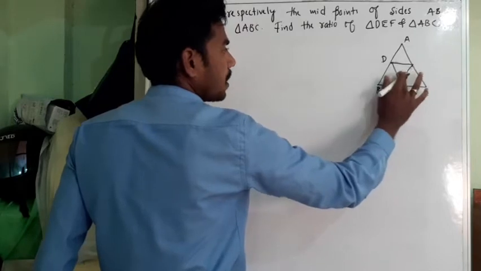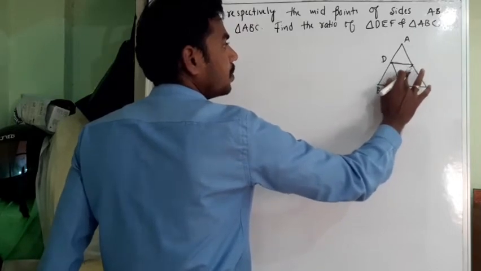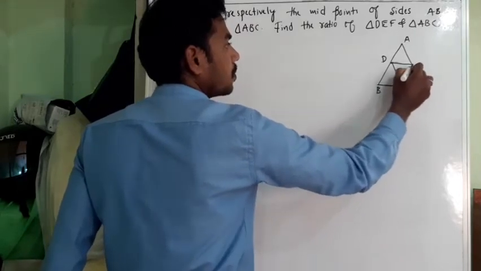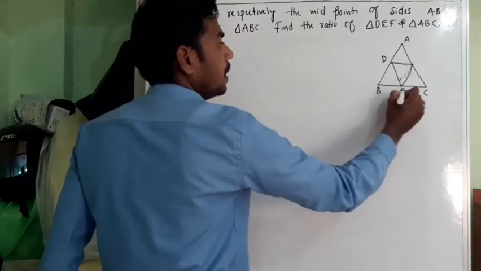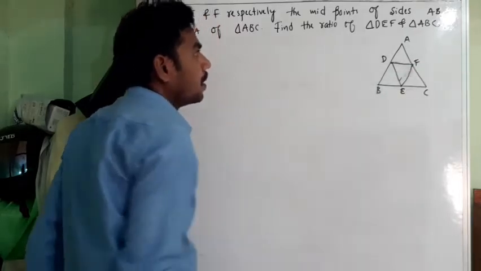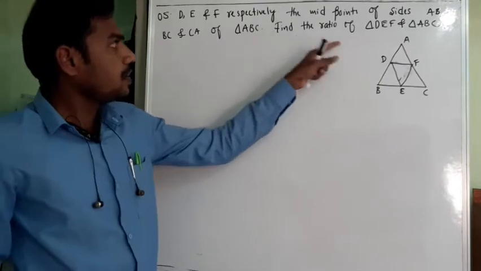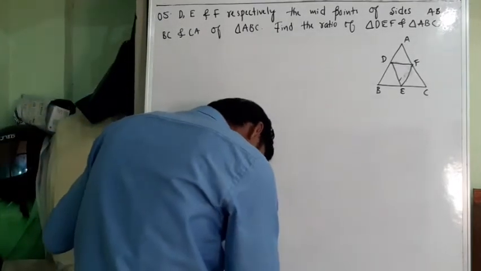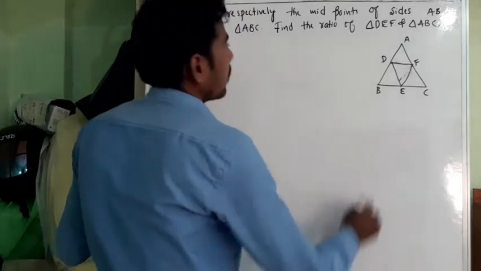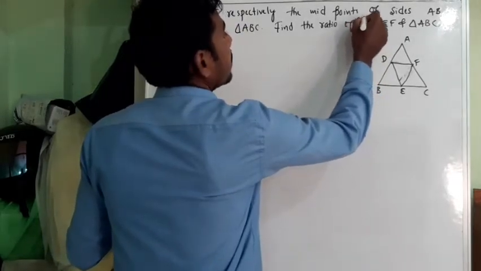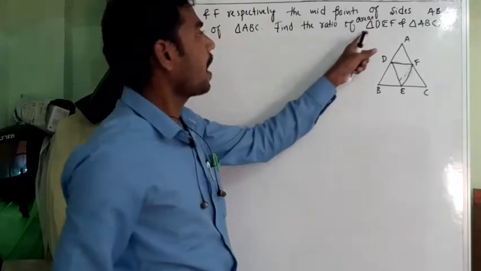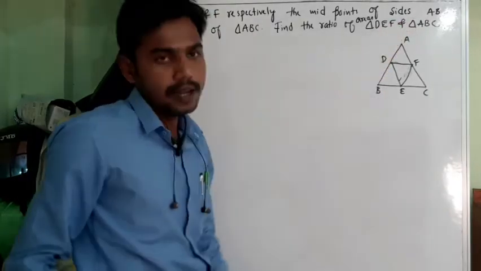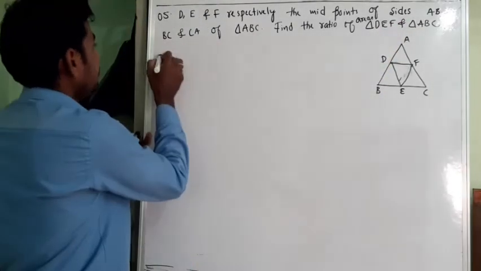Now, what has been asked us to calculate? We need to find the ratio of areas of triangle DEF and triangle ABC. Okay.